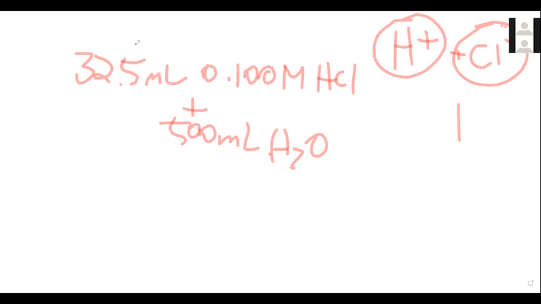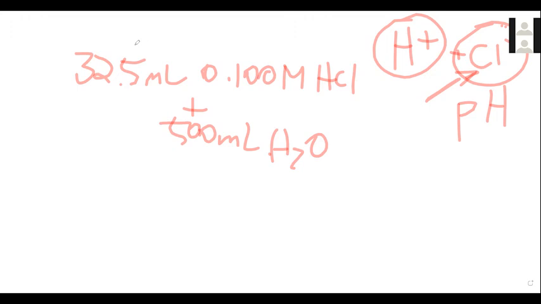But for the purpose of figuring out the pH, do I care what the concentration of chloride ions is? No, I do not, because it's a strong acid. That reaction is not reversible, so I do not care what the concentration of Cl minus is. I am only interested in the concentration of H plus.